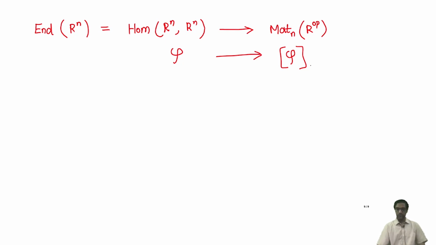And now the beauty is that the space End R^n is actually a ring. Okay, so here's a little exercise. Observe that End R^n is a ring under composition of maps. So addition is pointwise addition and the multiplication is the composition of maps.